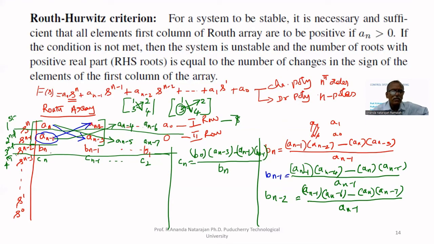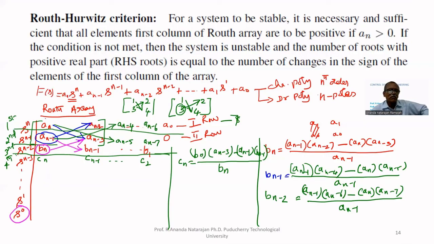So to find cn, we have to do bn multiplied by an minus 3 minus an minus 1 multiplied by bn minus 1, divided by bn. That way we can find up to S power 0.